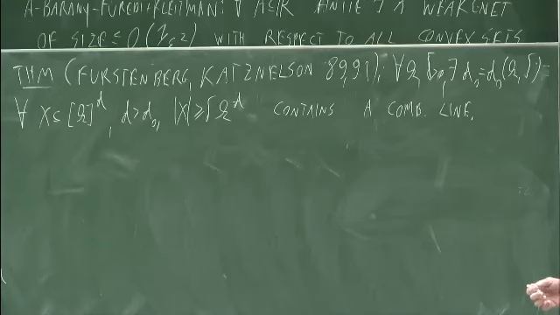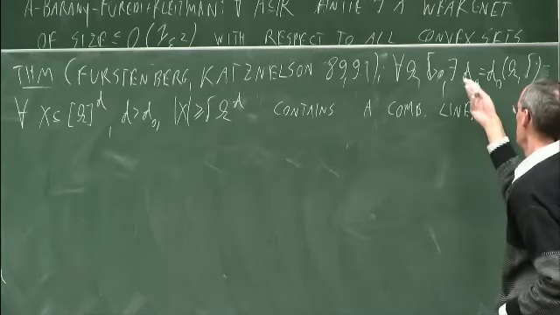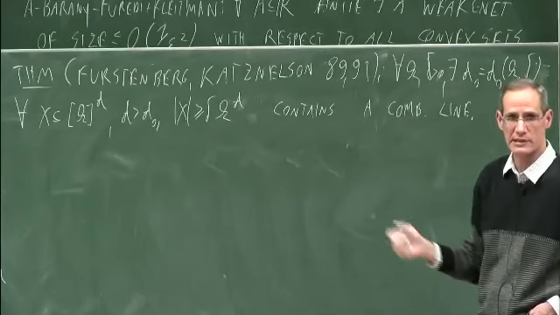The original proof uses some tools from ergodic theory, so it doesn't give any effective estimate for d_0, but we know that this d_0 exists.